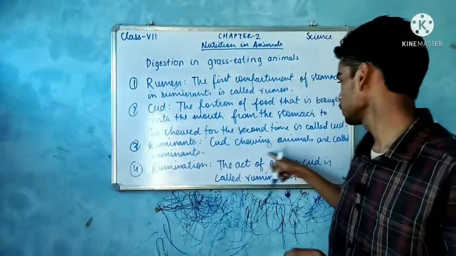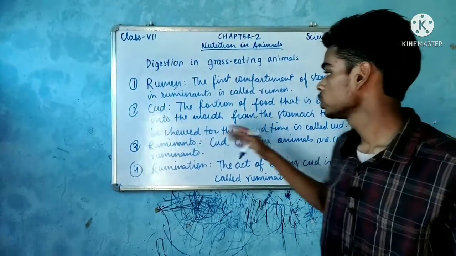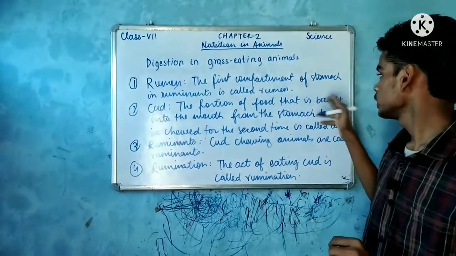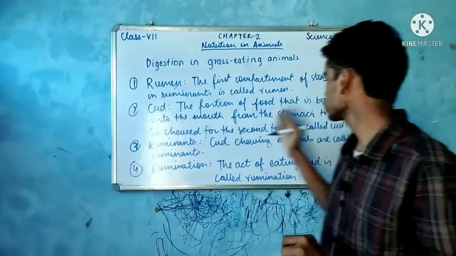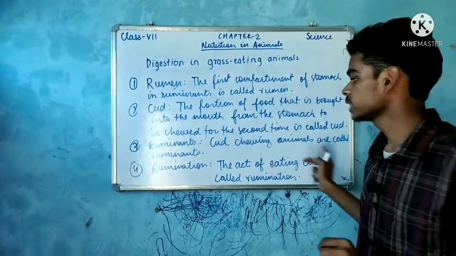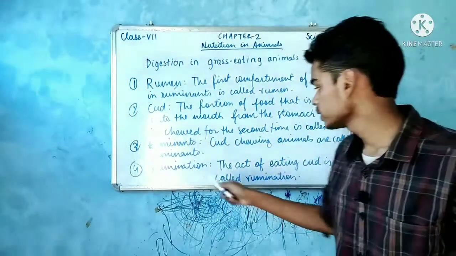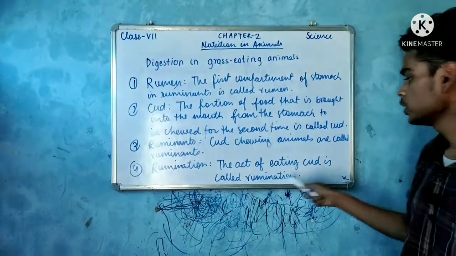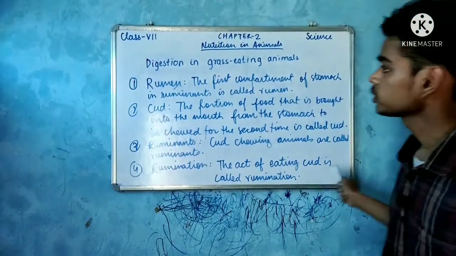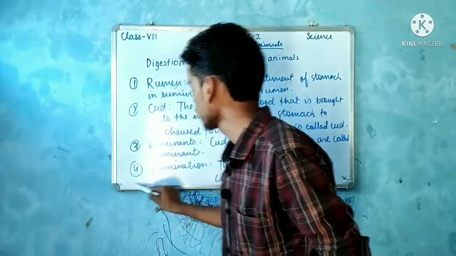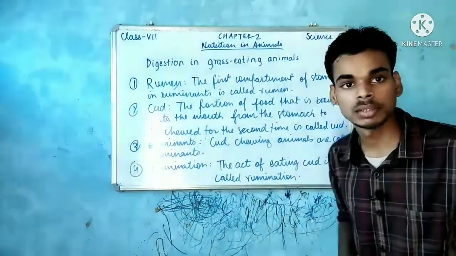Ruminants are cud chewing animals. Cud is the portion of food that is brought back into the mouth from the stomach to be chewed for the second time. And the act of eating cud is called rumination. So this is the whole process of digestion in grass-eating animals.